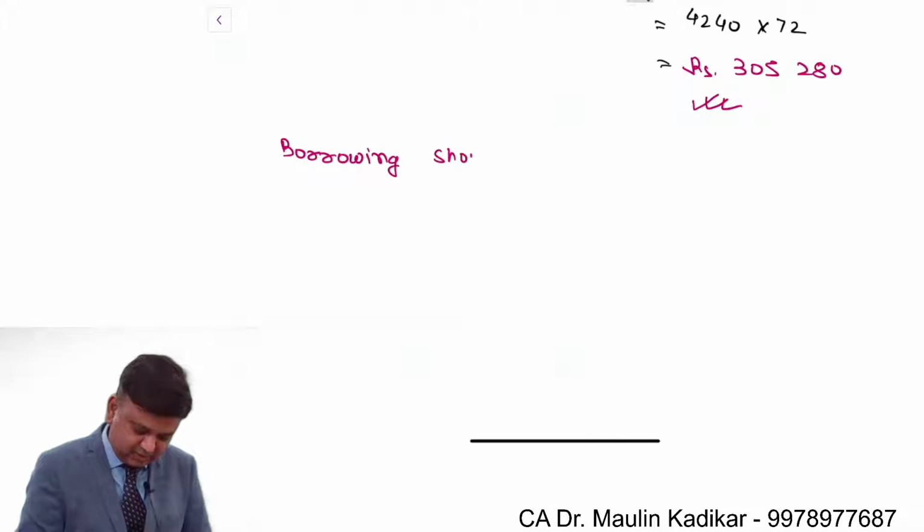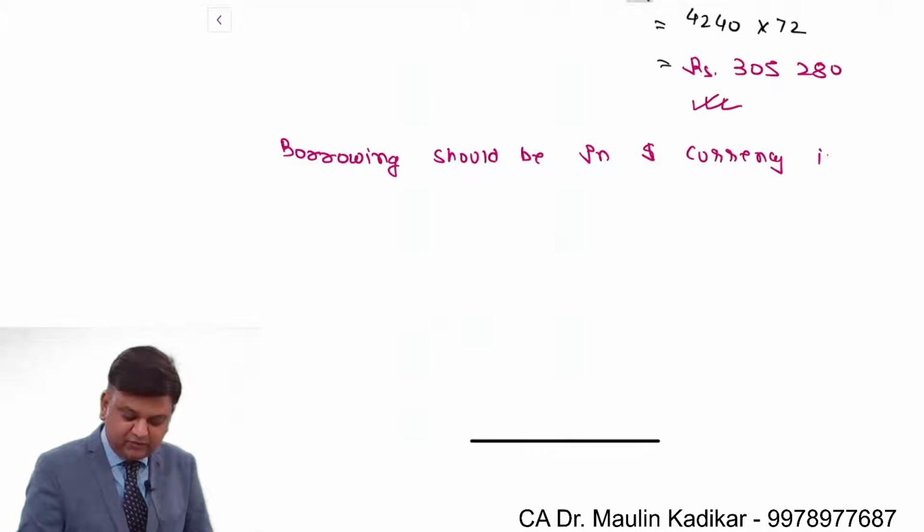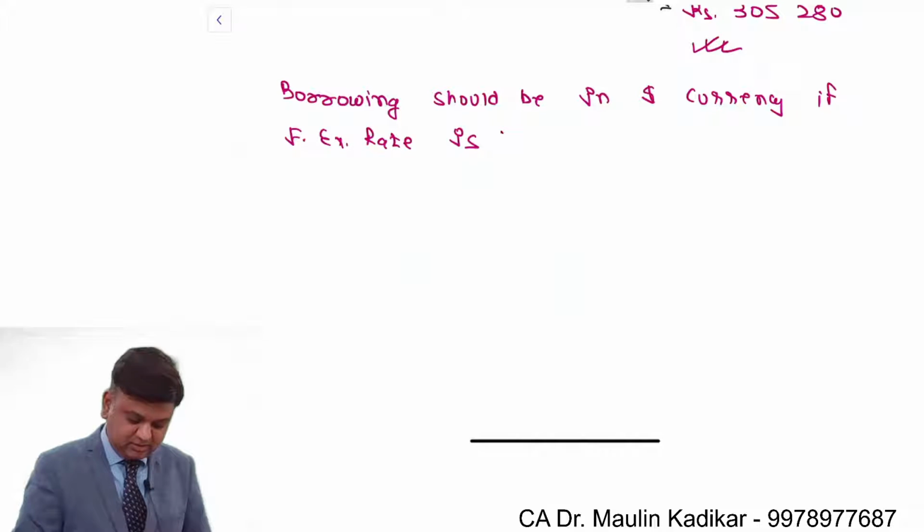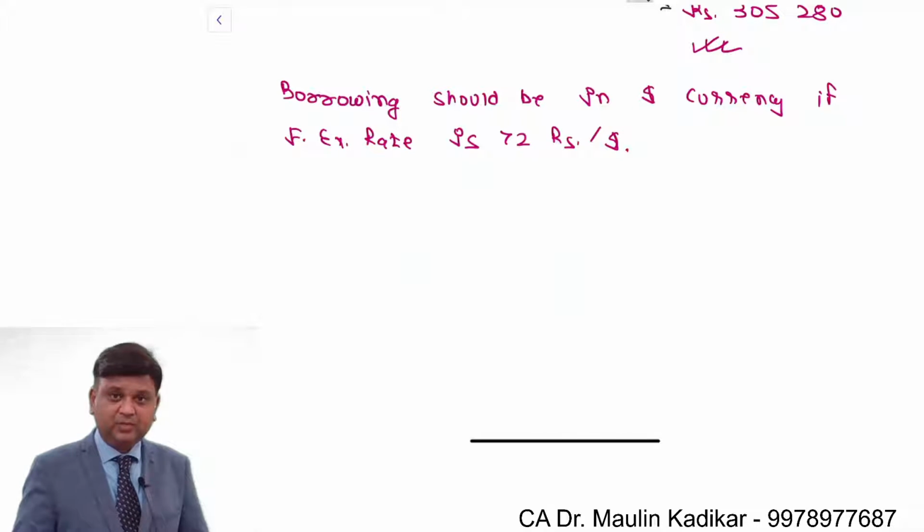Borrowing should be in dollar currency if forward exchange rate is 72 rupees per dollar. Full stop.